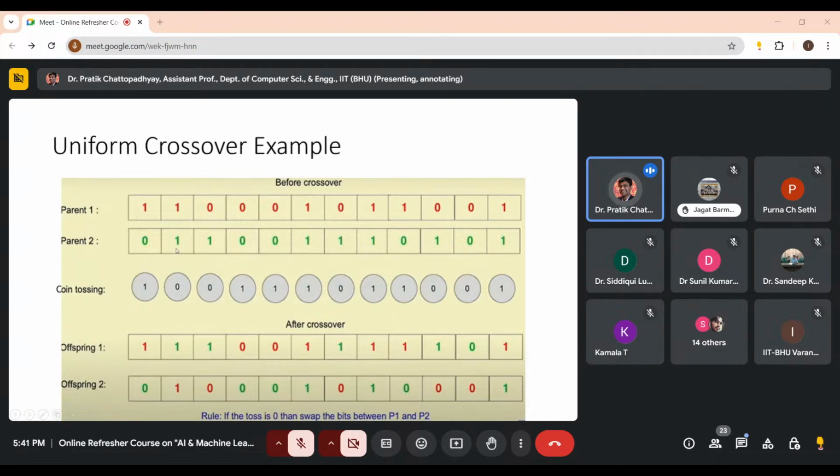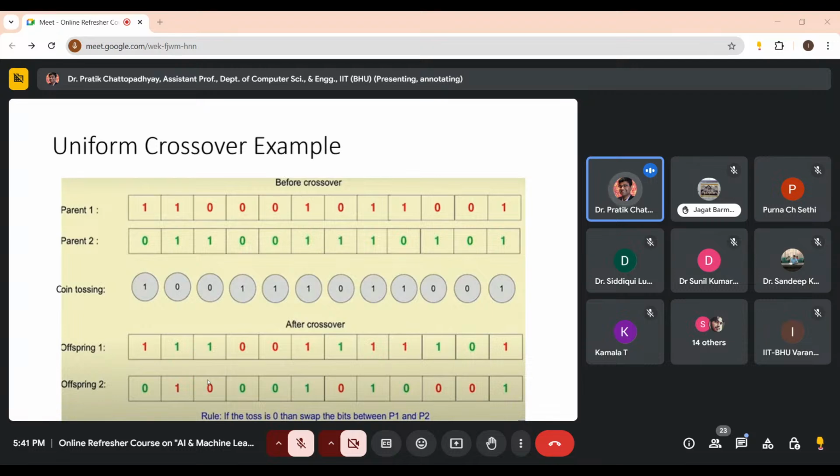Here 1 gets swapped with 1, so effectively there is no effect of swapping. Both are 1. In this case, the output is 0, so bits get swapped. 1 comes in offspring 1, 0 comes in offspring 2. So at each bit position, we toss a coin and swap the bits if the outcome of the toss is 0.